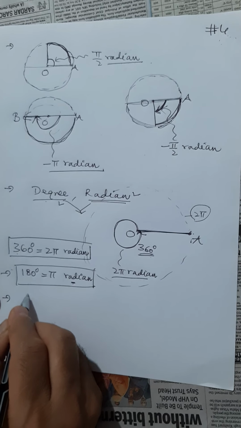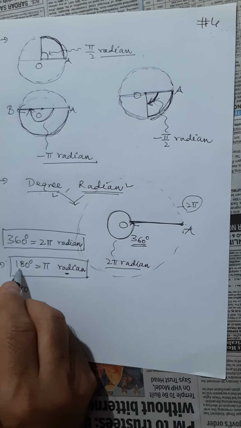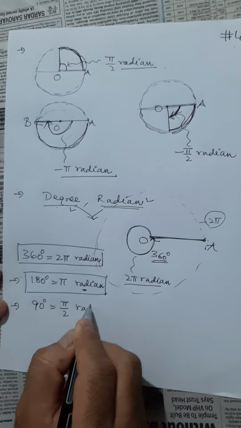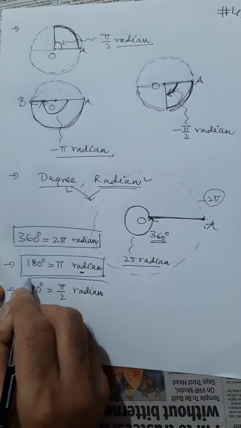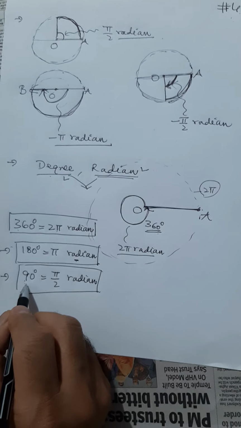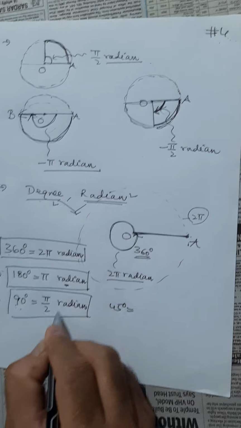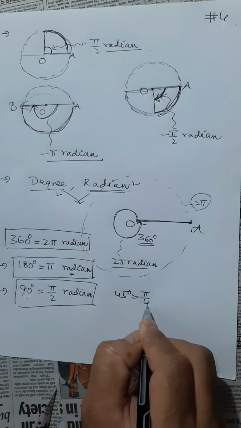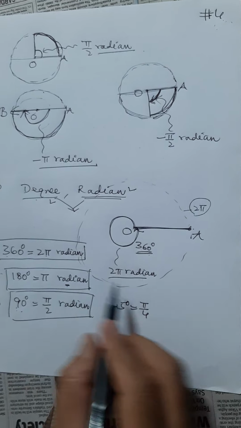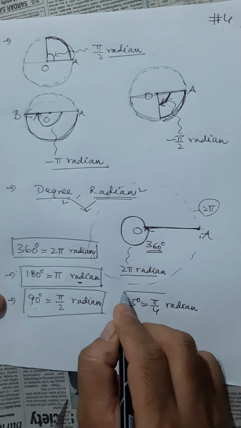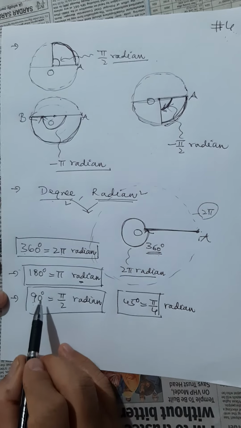You take half of this: 90 degree is pi by 2 radian. Again, if I do half of this, you have 45 degree, that is pi by 4 radian. So 45 degree is pi by 4.